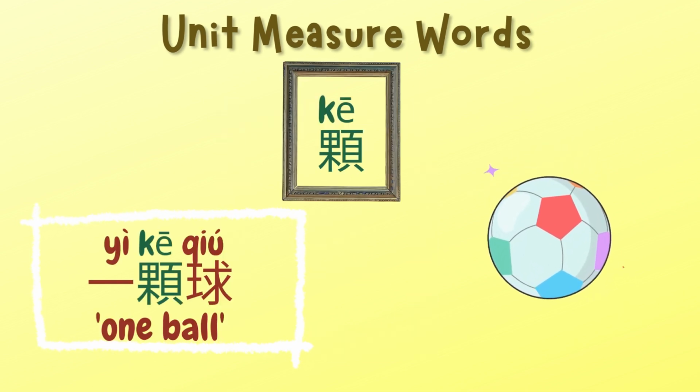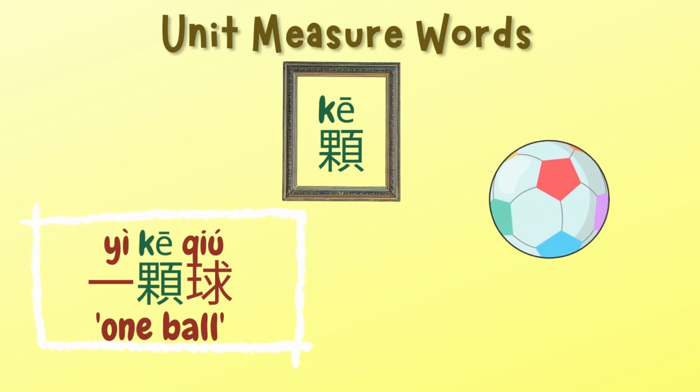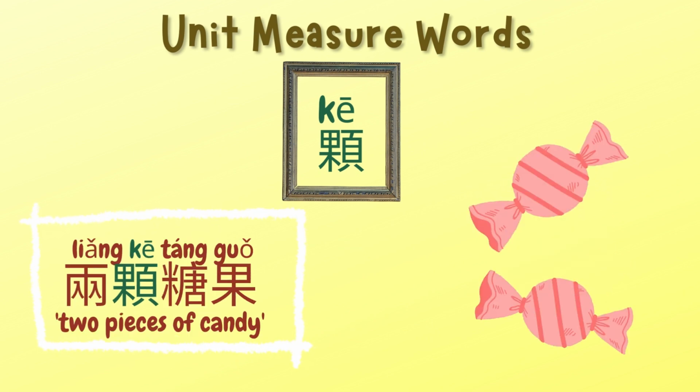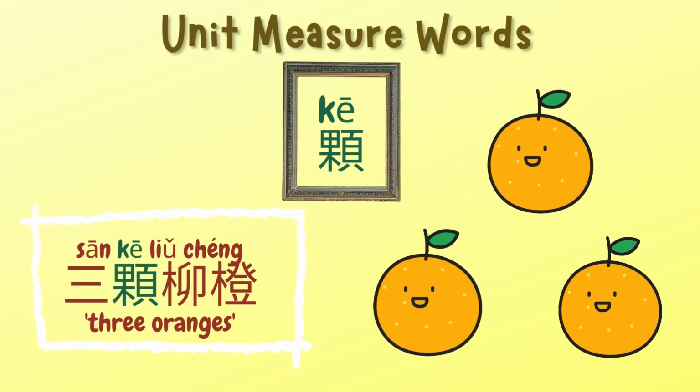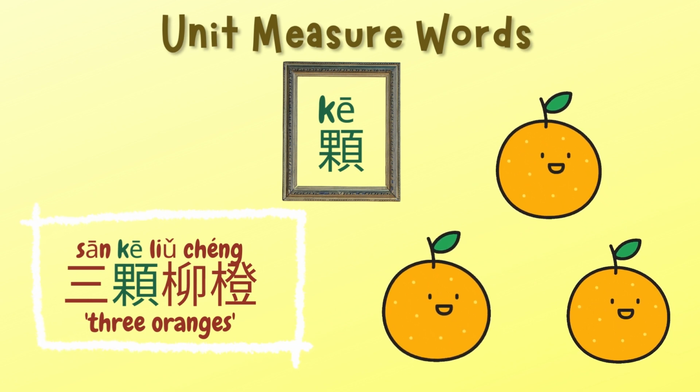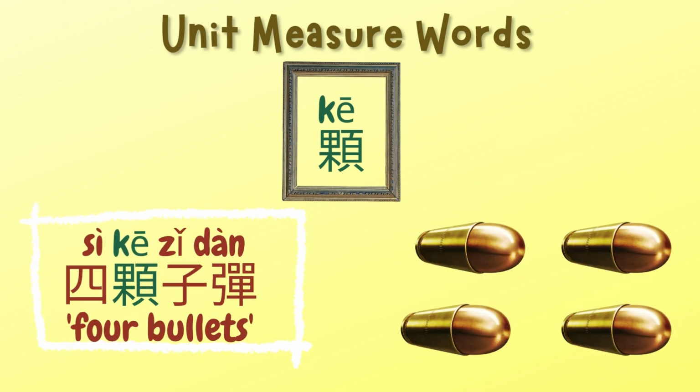Look at the example. 一颗球 one ball, 两颗糖果 two pieces of candy, 三颗柳橙 three oranges, 四颗子弹 four bullets.